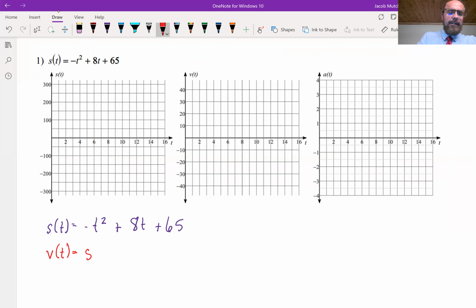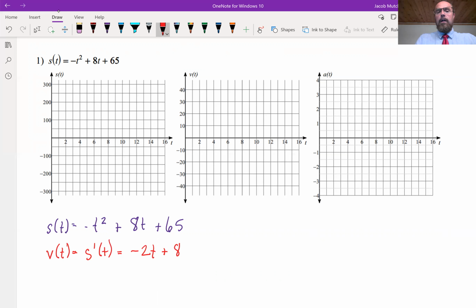And I can say that here with that notation to say velocity equals the derivative of position. And so for us, applying our derivative rules for polynomials, that would be negative 2t plus 8. And we can see because it is a quadratic function to begin with, our velocity function is a linear function.